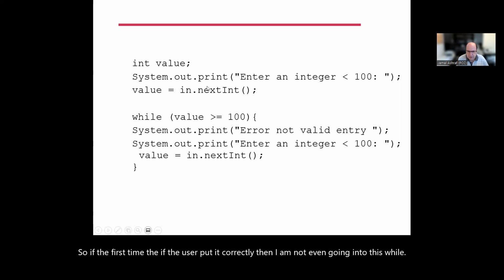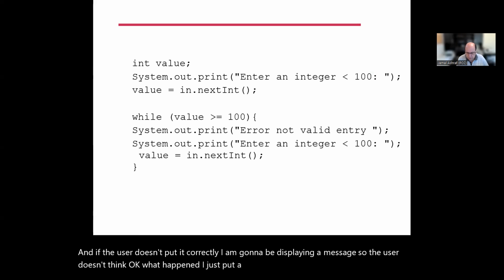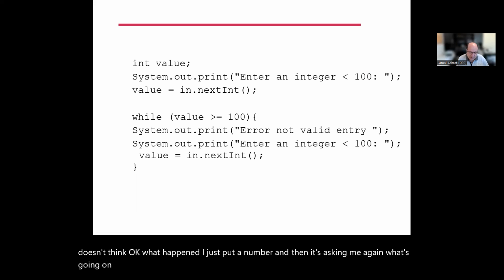And if the user doesn't put it correctly, I am going to be displaying a message so the user doesn't think, okay, what happened? I just put a number and then it's asking me again, what's going on? So the user has to think about it.